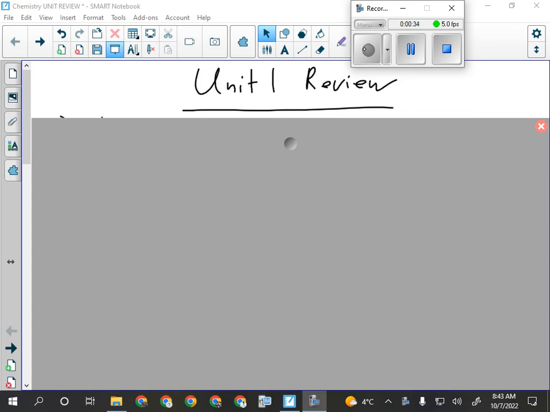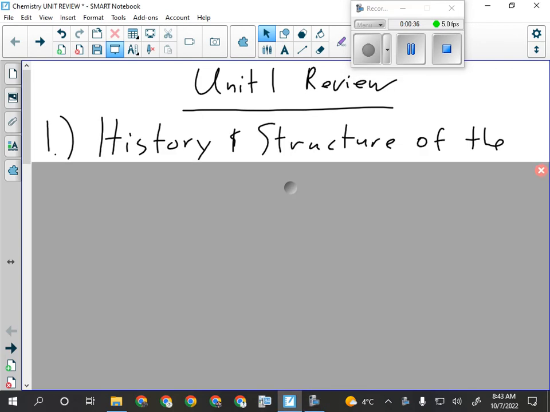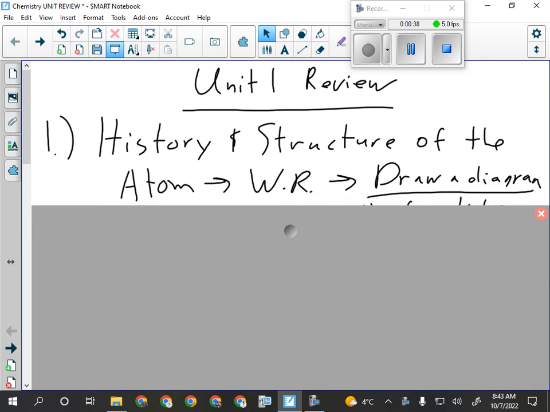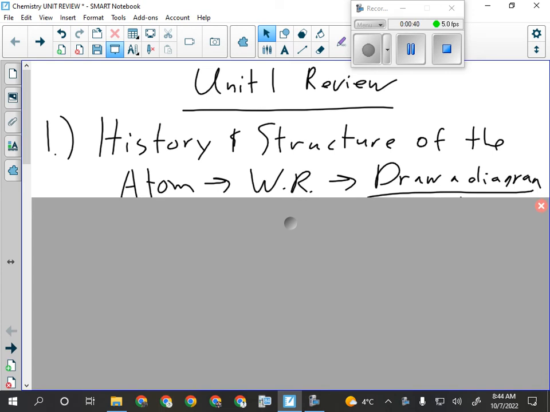So first thing we went over was the history and structure of the atom. In that we went over Dalton's atomic theory. That would definitely be game for the unit exam, especially as a multiple choice question, like which of the following is not part of Dalton's atomic theory.